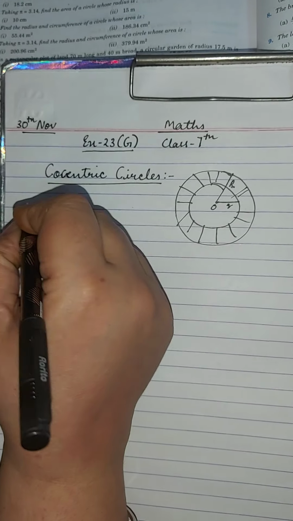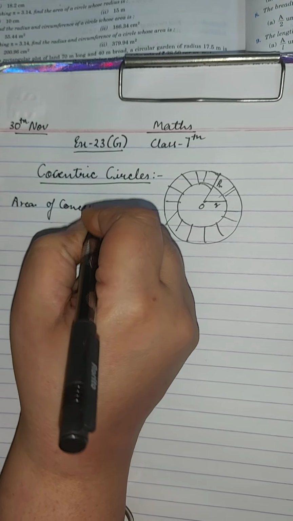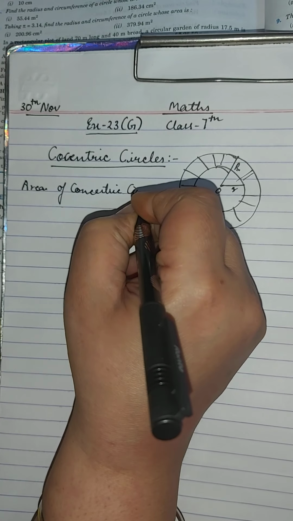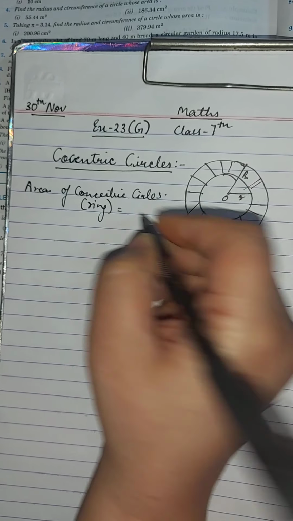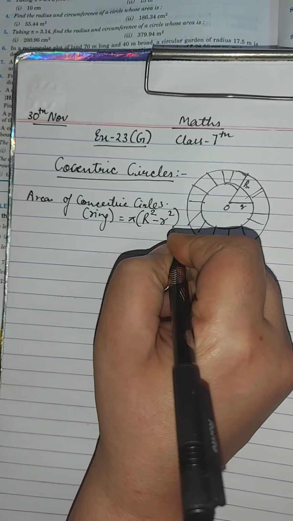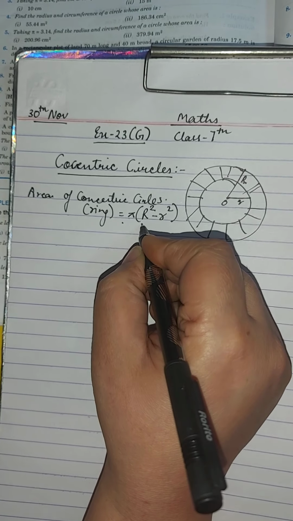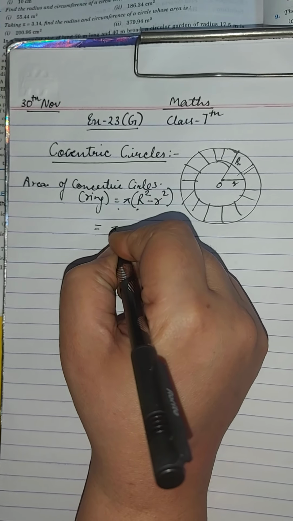So finding the area of concentric circles, or we can say finding the area of a ring, is equal to pi capital R square minus small r square. Or we can use one identity also.